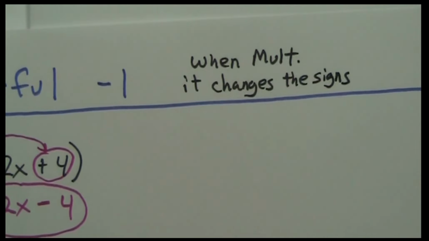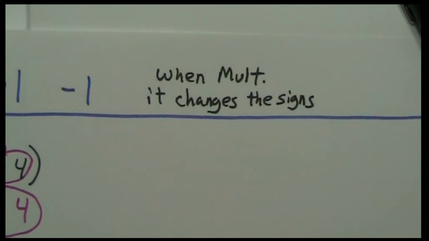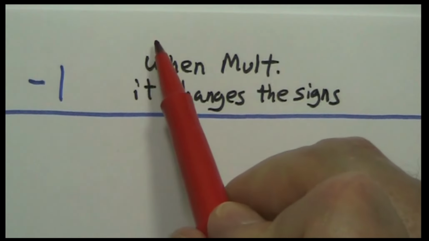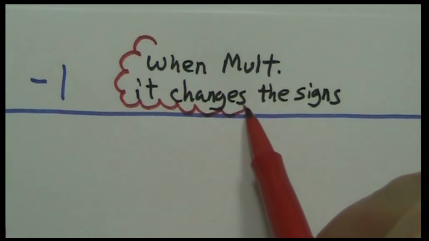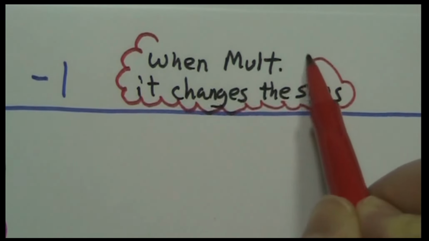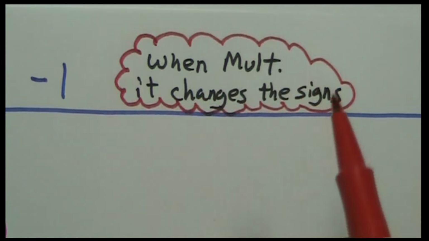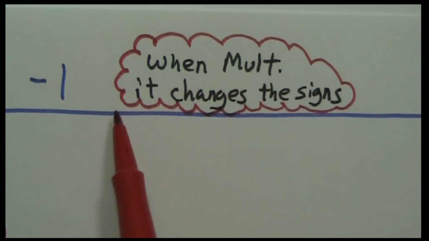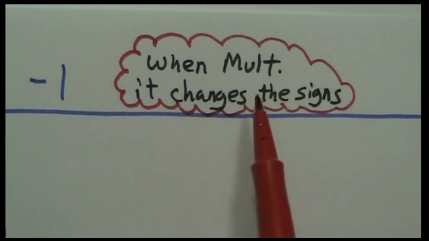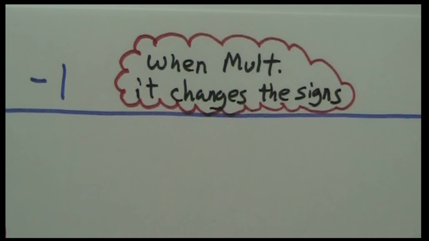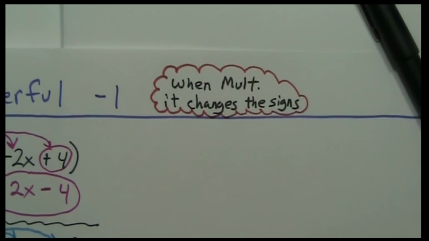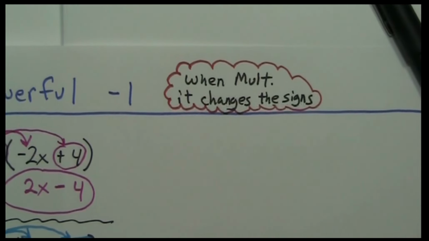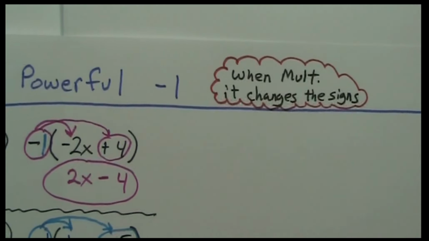It changes the signs. Right? That's a powerful negative 1. That's what it does. When you multiply, it changes the sign. From positive to negative. From cats to dogs.